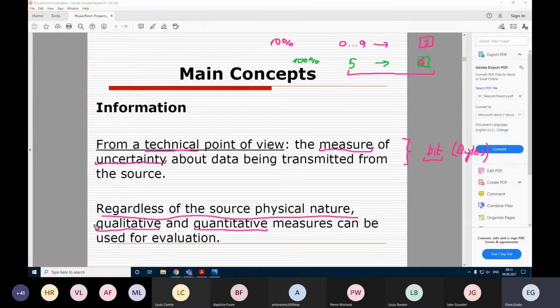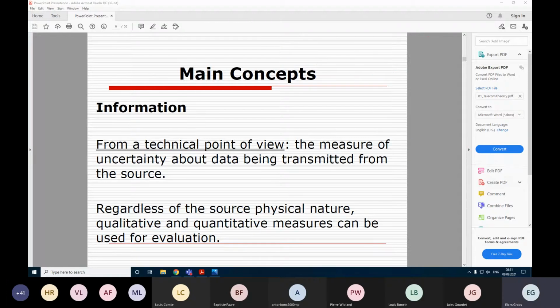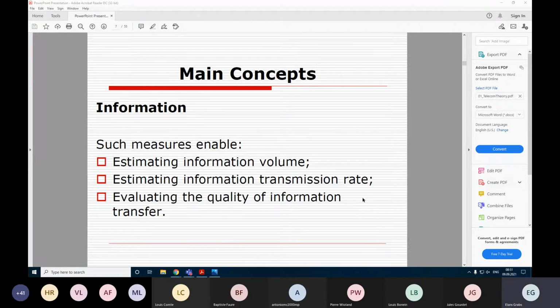So basically, qualitative means that we are checking if we received information correctly, and quantitative means that we count how much information we have received. So this enables us to measure the volume of information, the amount of information. Once we know how much information we have, we can send it over a certain time and calculate, so let us say volume of information divided by time will give us the rate.